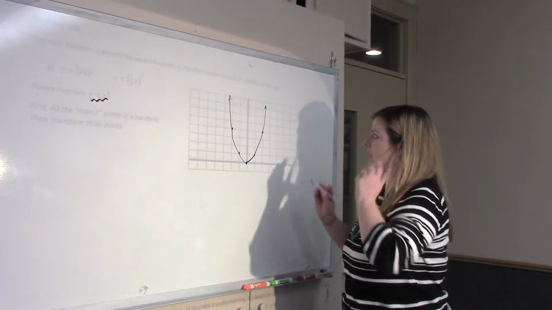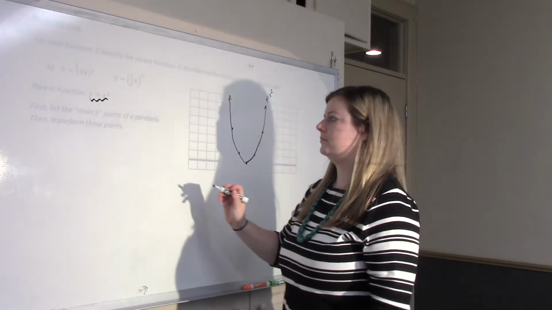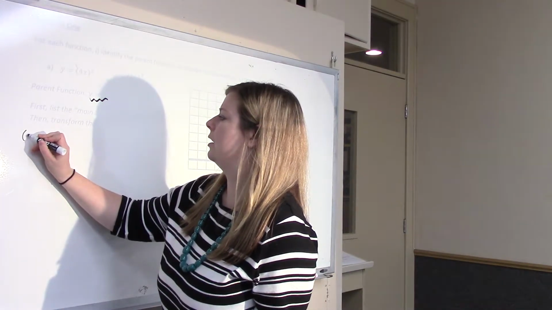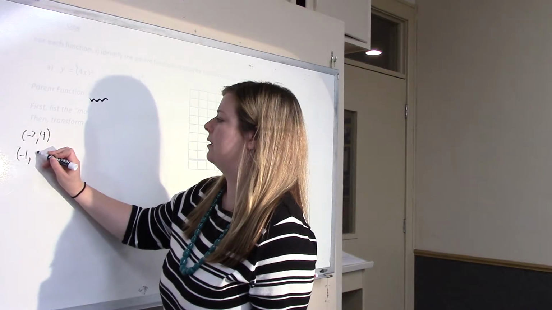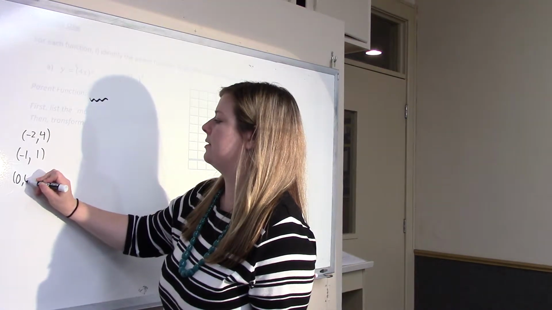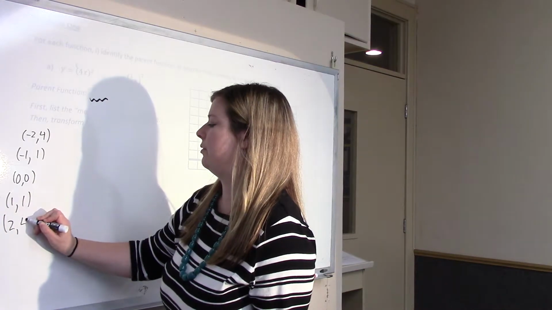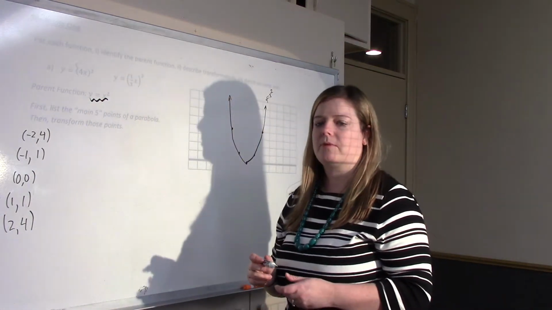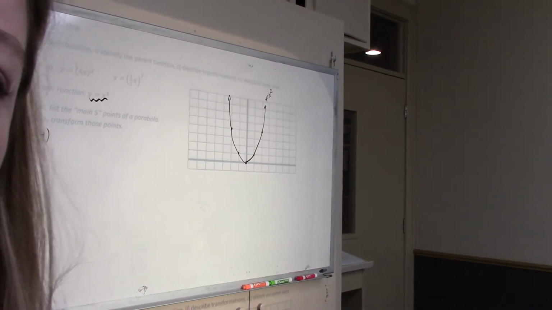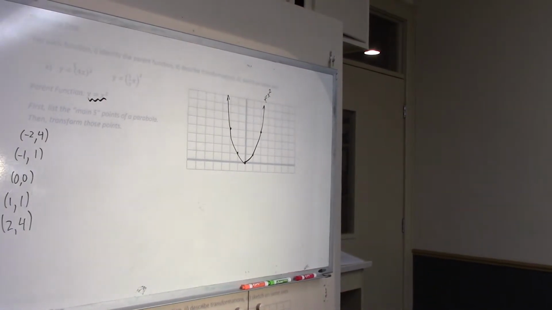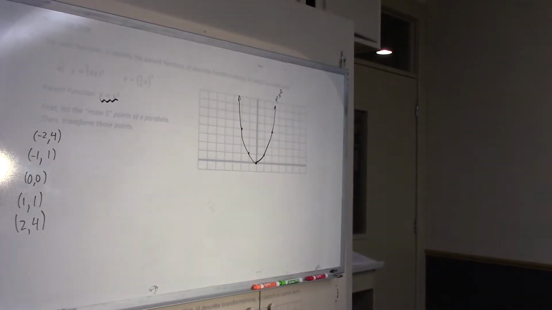So there's your y equals x squared: (-2, 4), (-1, 1), (0, 0), (1, 1), and (2, 4). Those are the 5 main points of our parabola. Just making sure you can see those there. Yeah, you can see them. There you go.